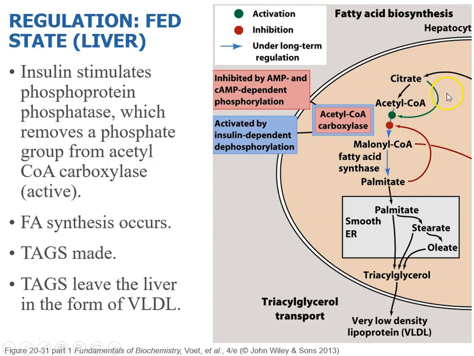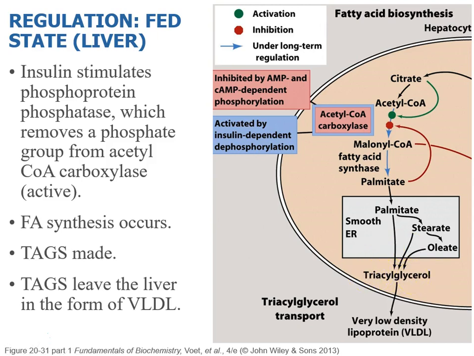That means we can go through that big fatty acid synthase pathway that I showed you, and we can form palmitate. And again, we'll go to the smooth ER to make other longer or unsaturated fatty acids, and then we'll esterify those fatty acids onto a glycerol, and then we'll get a triacylglycerol.